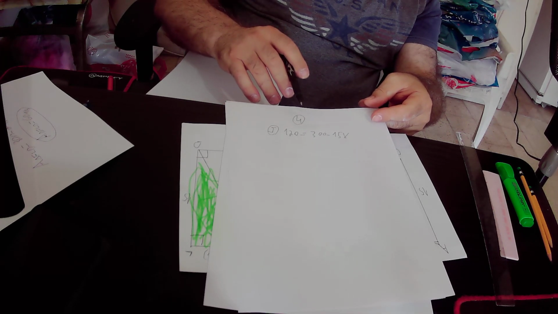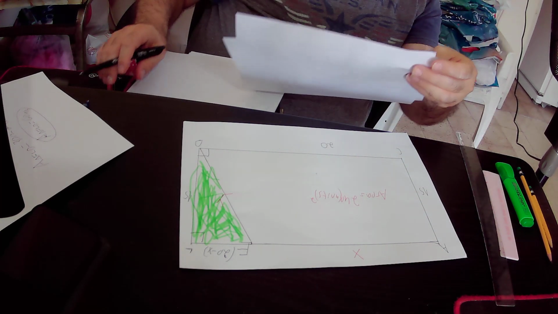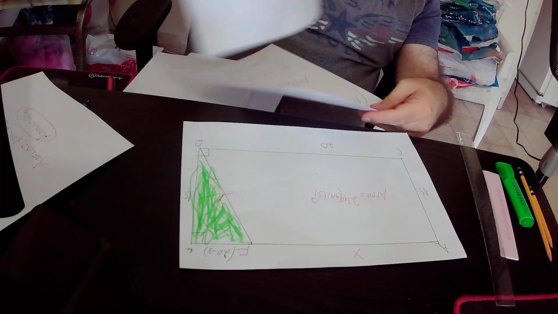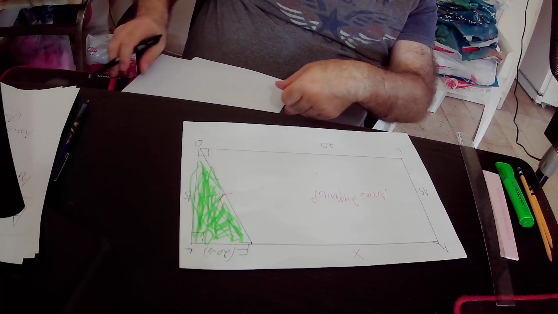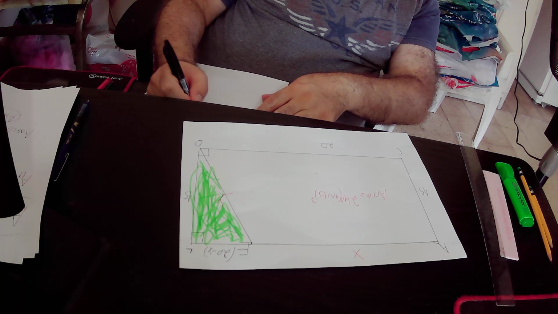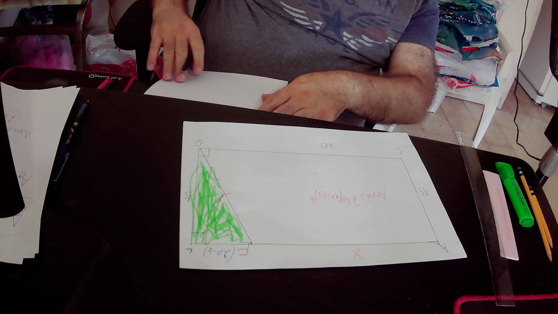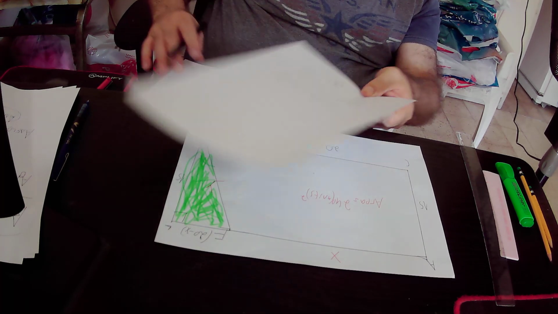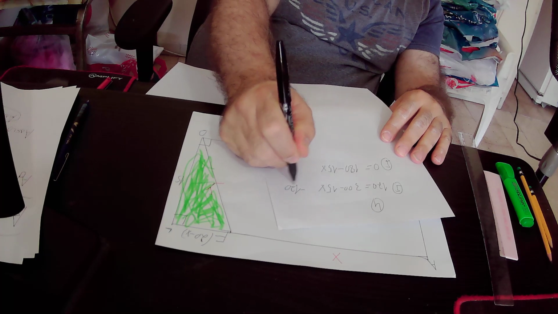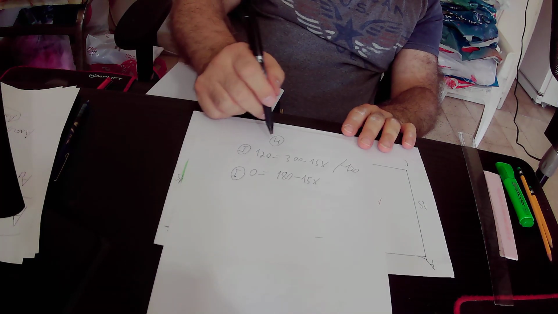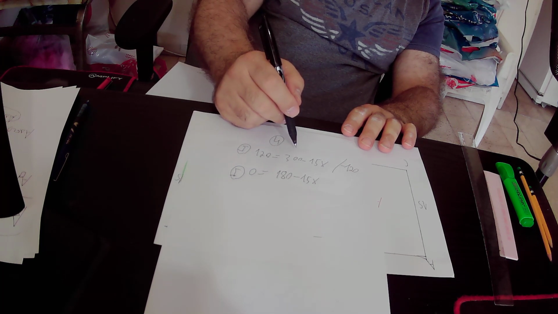Now we subtract 120 from equation number 1. 120 minus 120 is 0, and 300 minus 120 is 180.